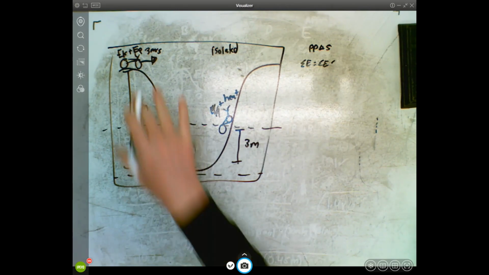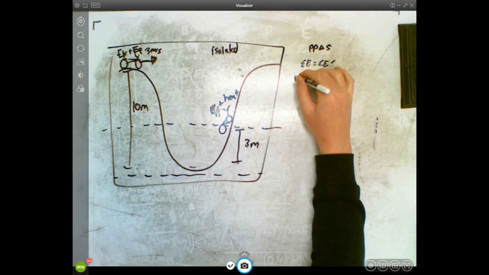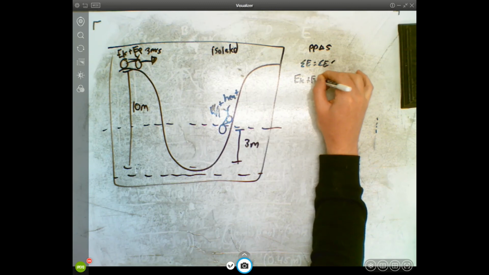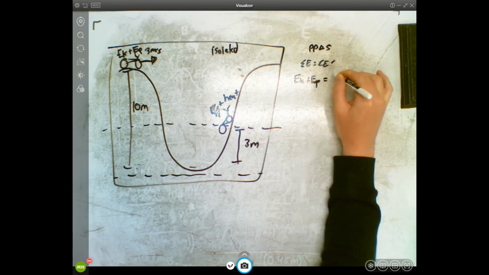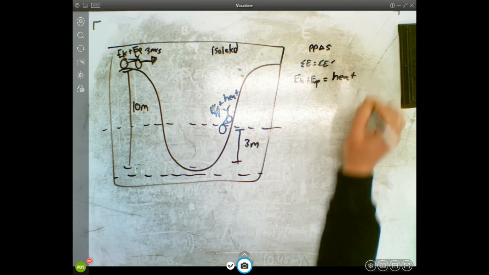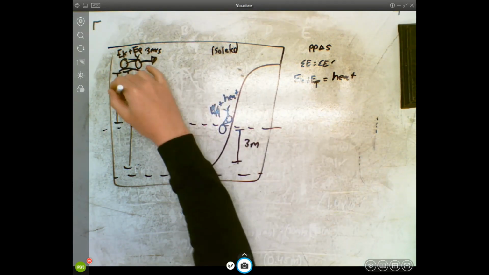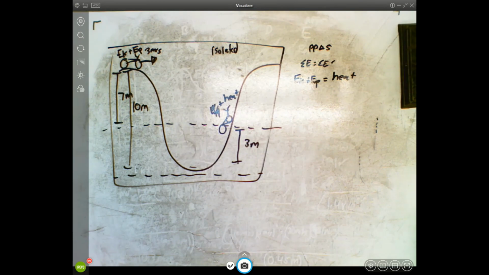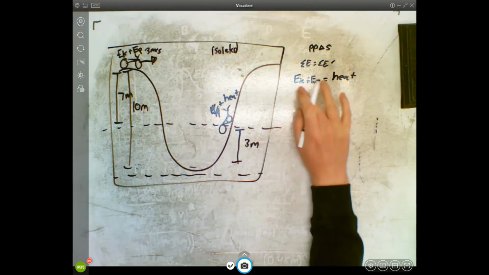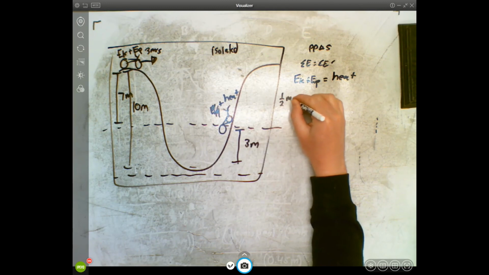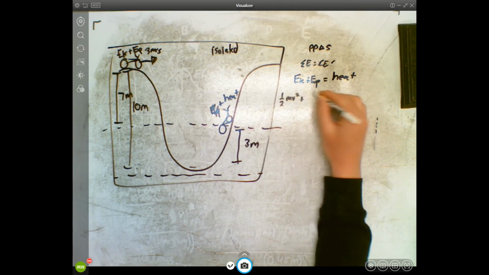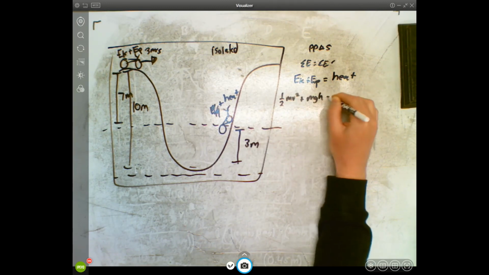So before we have kinetic and potential, and then after looks like we just have heat, and that's what we're trying to find. So if we move our reference point, our bike is now 7 meters above our reference point, so we need to keep track of that. So it's going to be 1/2 mv squared plus mgh equals heat.